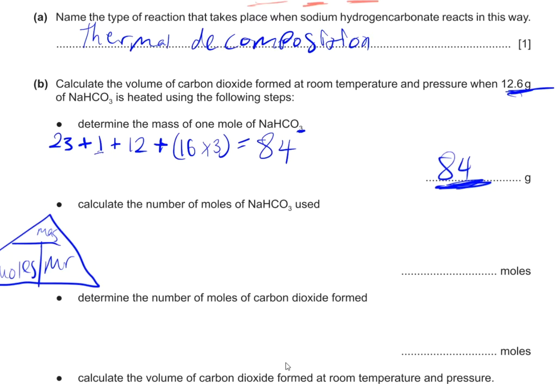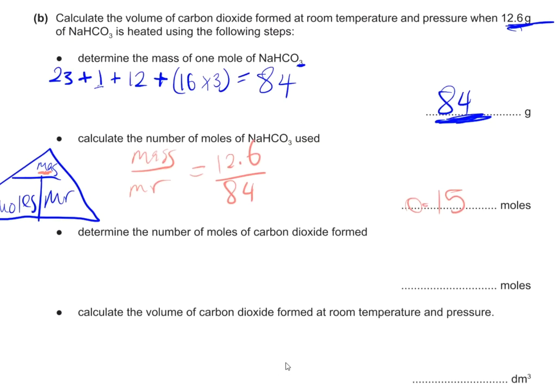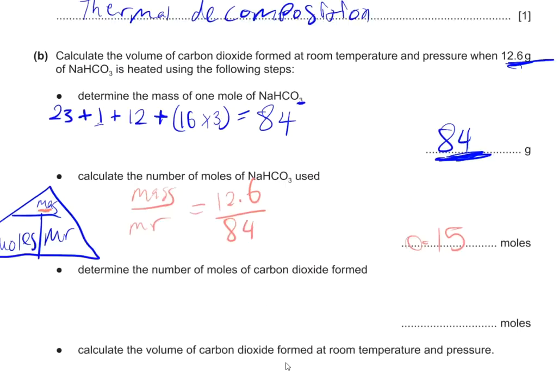So we know these two variables over here, so it would be a division. It would be the mass over the Mr, which is equal to 12.6 divided by 84, which gives us 0.15.